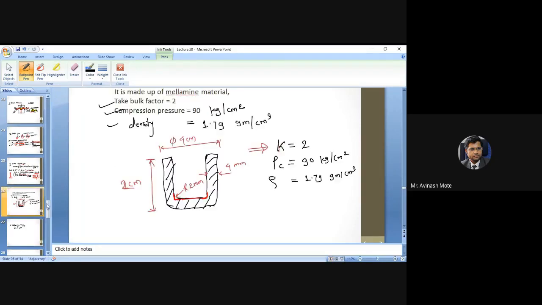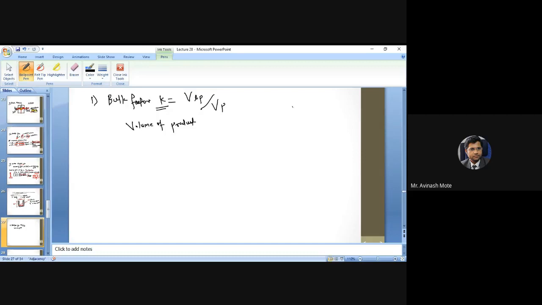Now let's see here. If you see this figure, or else I'll just draw it once again here. This size is 4 millimeter, this height is 2 centimeter, and this diameter is 4 centimeter.